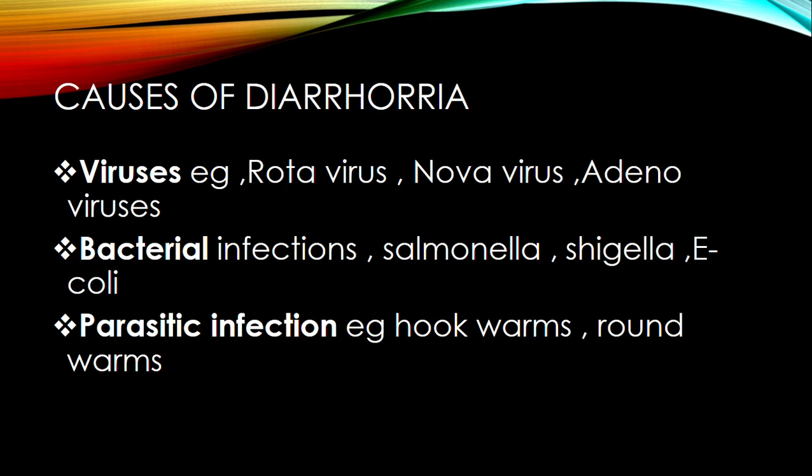Also bacterial infections, such as salmonella, shigella or E. coli, can cause gastroenteritis. Also parasitic infections such as hookworm or roundworm can cause diarrhea in children or adults. So those are the microorganisms that may cause diarrhea.